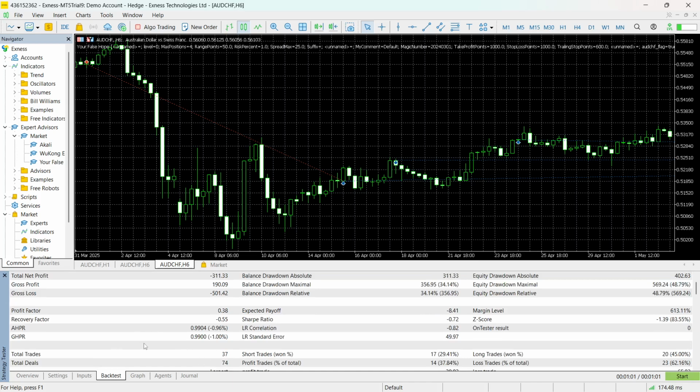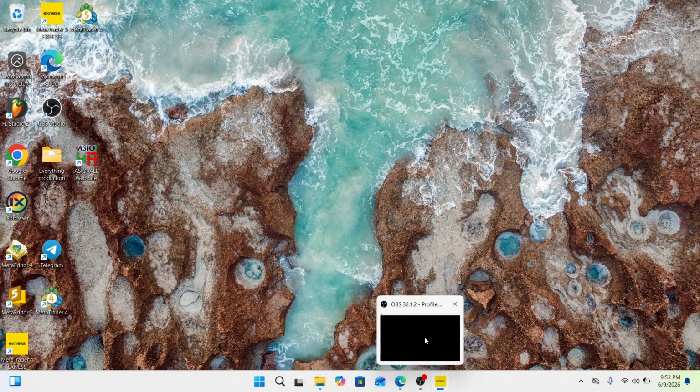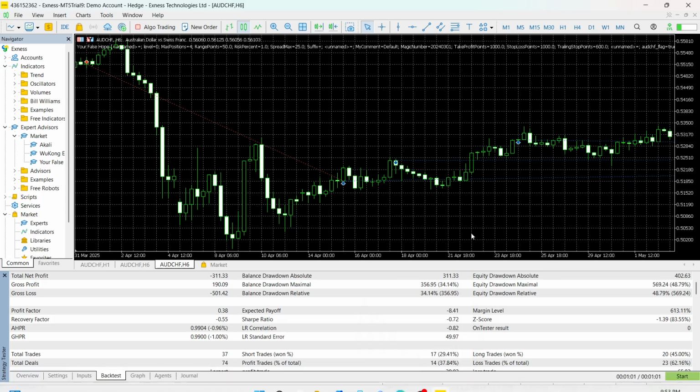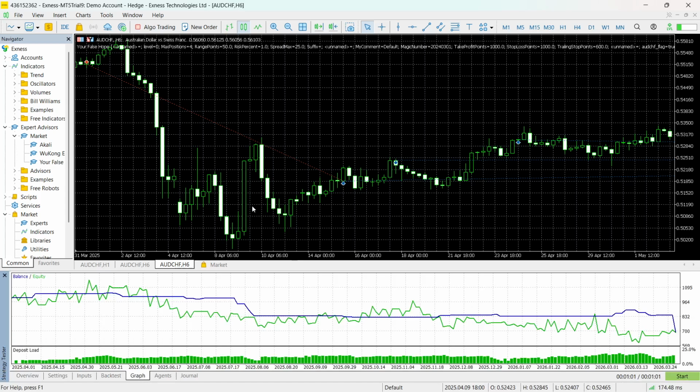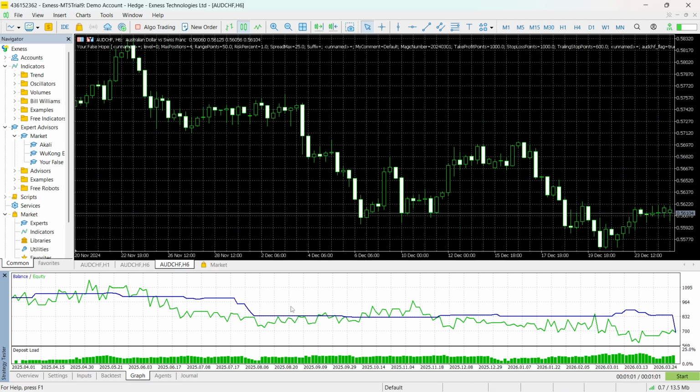The total trades were 37, and the profit factor was 0.38. So we have that for our backtest results. You can see it's quite different from what the developer claims on the page.